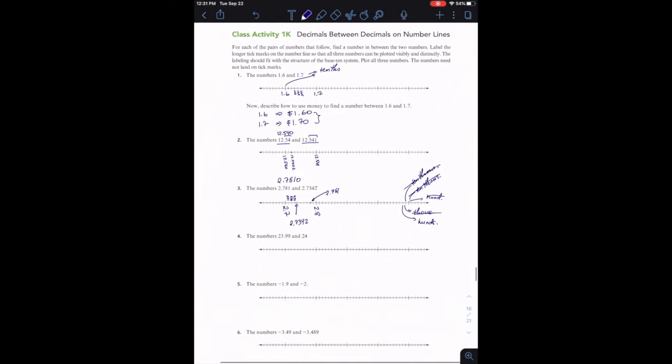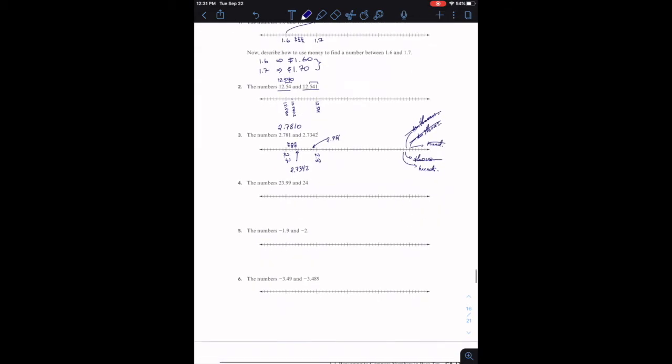Okay, so we are able to plot both of these numbers, 2.7342 and 2.781, by using the tenths as the large tick marks and hundredths as the small tick marks.